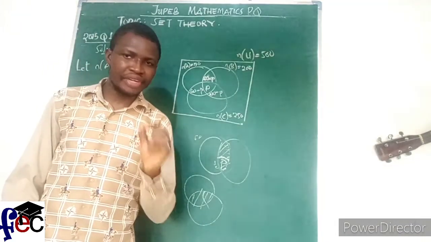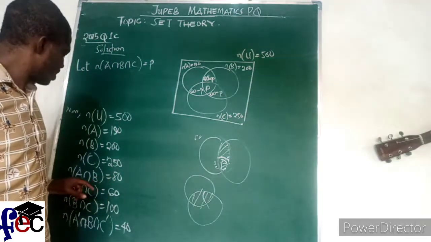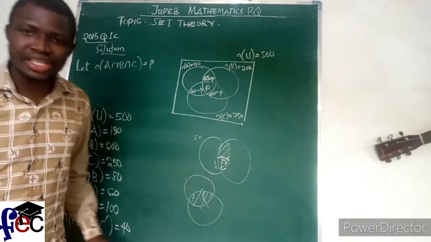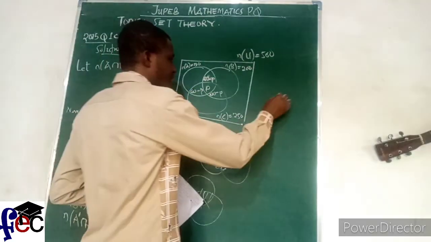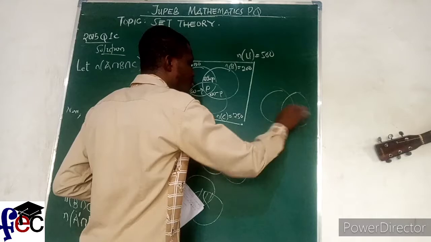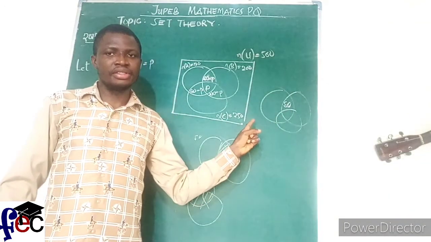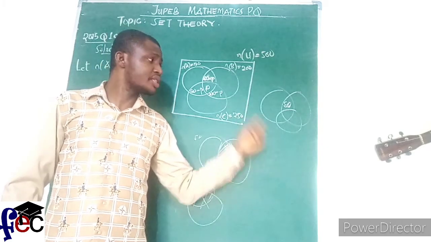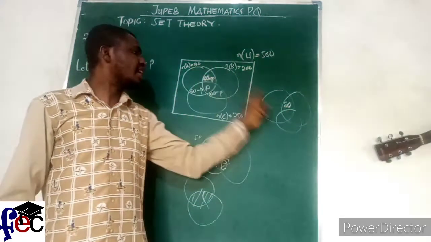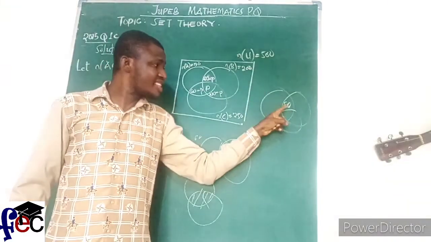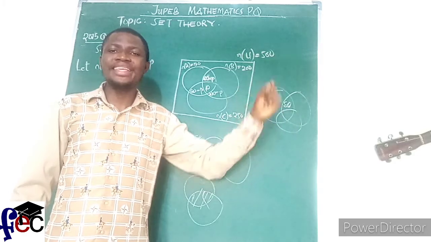Please, I beg you to be very, very careful. When they say 80 is for A intersection B, don't think that when you draw the three circles, you now say this place is 80. This will be very wrong, because this region is not for A and B only.